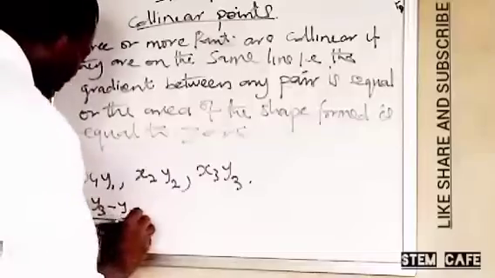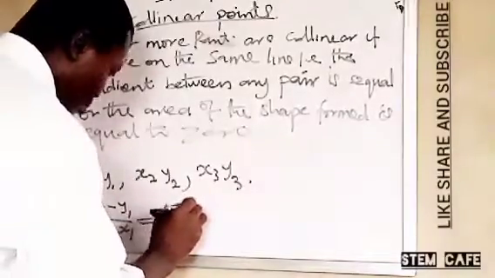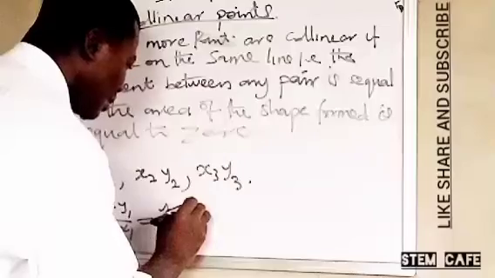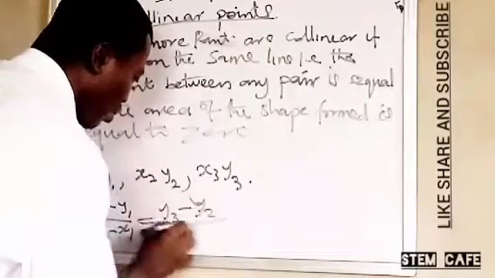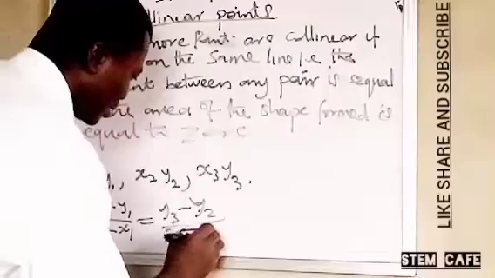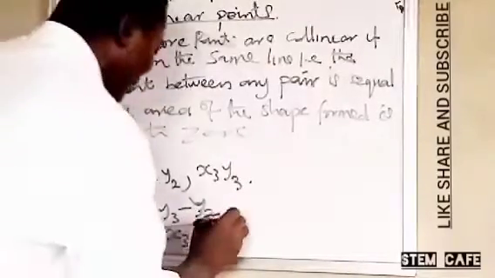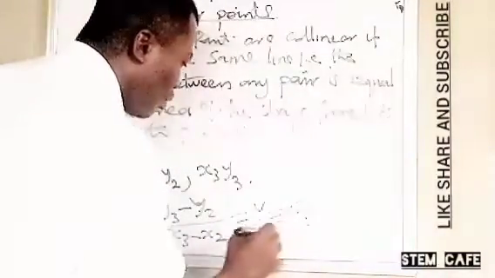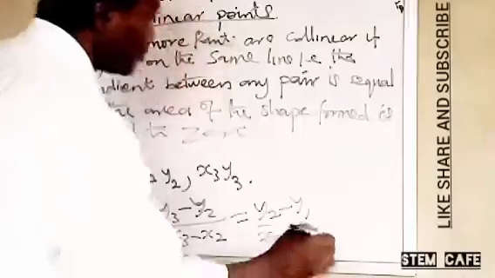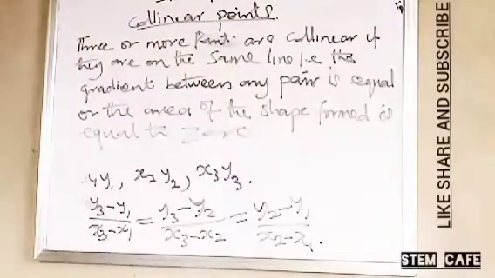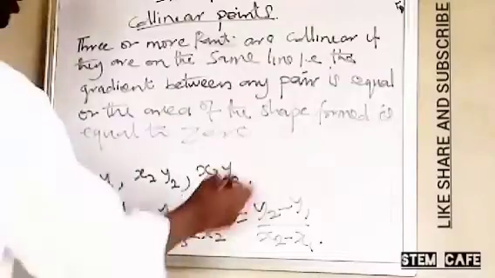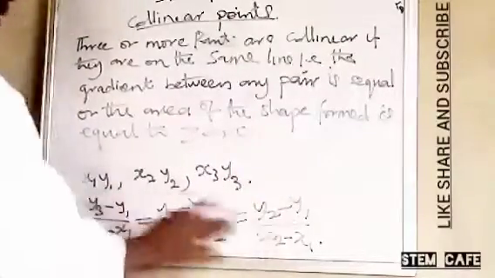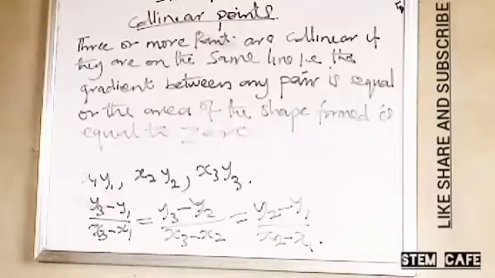If it gives you the same thing as (y3 minus y2) over (x3 minus x2), and the same thing as (y2 minus y1) over (x2 minus x1), it means it is collinear. They are on the same line. But if any of these varies, if there is any difference, the three points are not collinear. We talk about collinear points from three points and above.